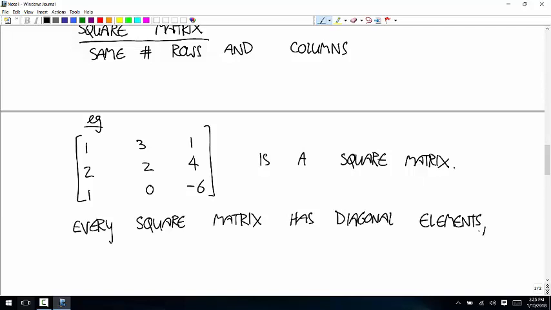Those are the ones where the row number is the same as the column number. I'll write it as i equals j. So the only ones where i is equal to j in this example are, here's the 1, 1 element, the 2, 2 element, and the 3, 3 element. So these are the diagonal elements for this example.